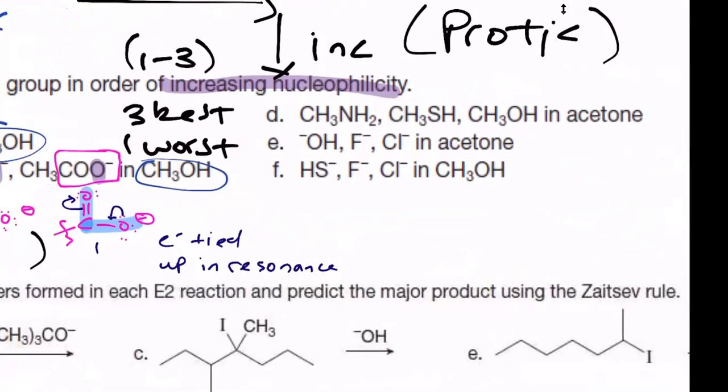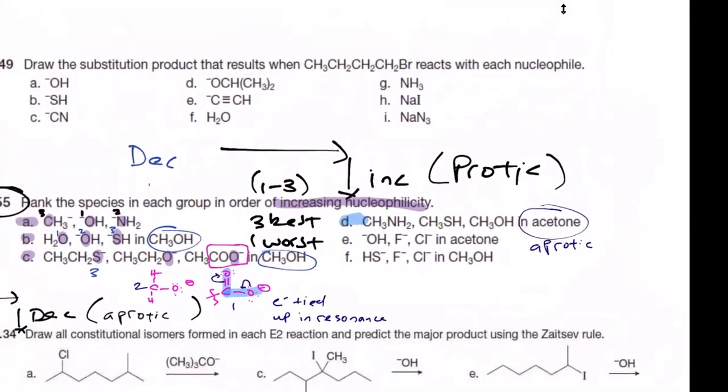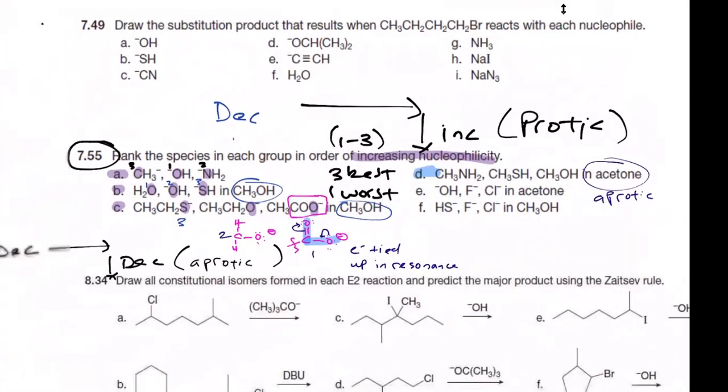All right. What about D? Let's do D. Wouldn't it go in the order of 3, 2, 1? Let's see. We're in acetone, which is aprotic. So let's look at what the trend is if it's aprotic. It's decreasing from left to right and decreasing from top to bottom.